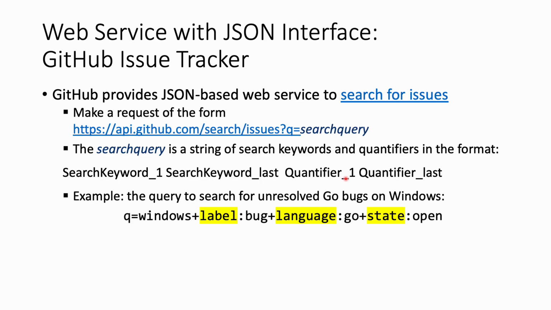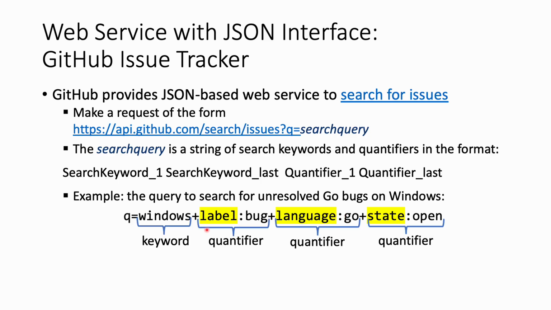For example, to search for unresolved Go bugs on a Windows platform, you can use the following query, where the search query has one keyword Windows and three quantifiers. The quantifier label:bug indicates that the issues being searched are bugs.